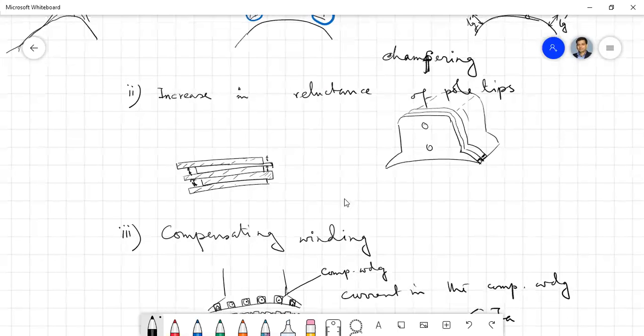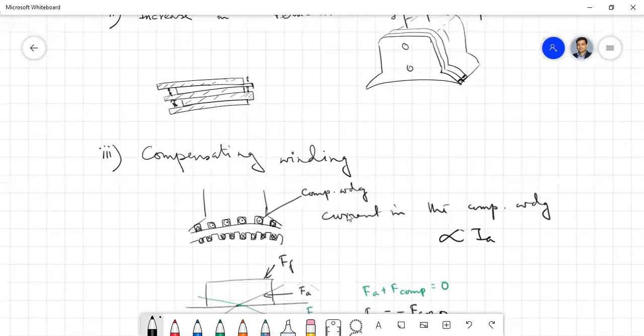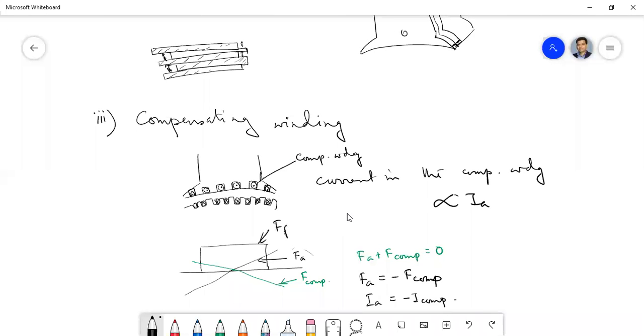And the third solution is a very complicated solution, I should say, because in that case a lot of changes would be there in the pole construction. So there should be groove in the pole construction, and you have to place additional winding in the pole face. Then only you can place the compensating winding in the pole face.